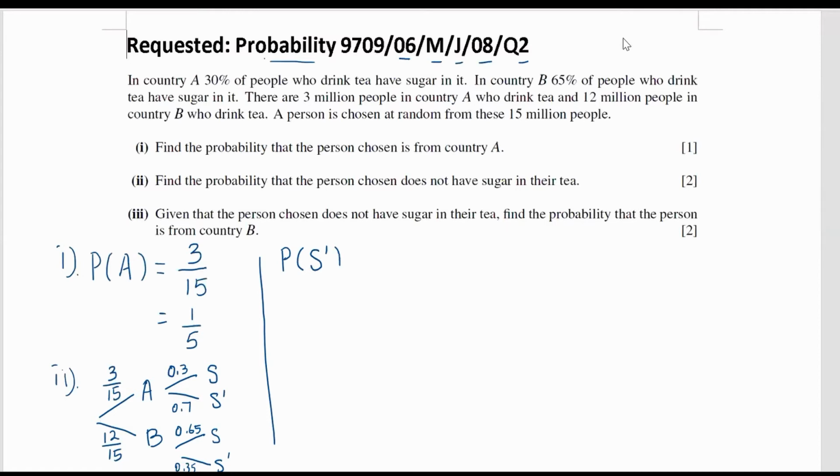So we are trying to find the probability that the person is chosen from country A and does not have sugar in the tea, or the person is chosen from country B, 12/15, multiplied with the probability that they do not have sugar in their tea, 0.35. By using a calculator, we get the probability equals 0.42.